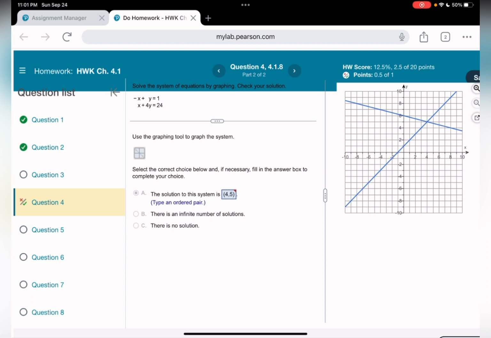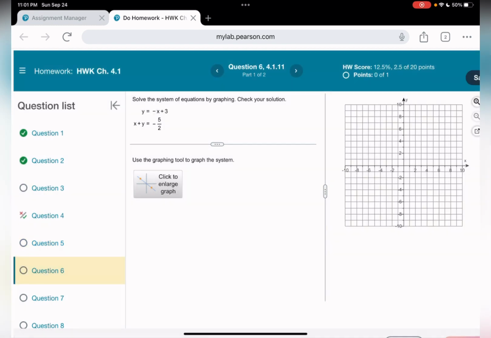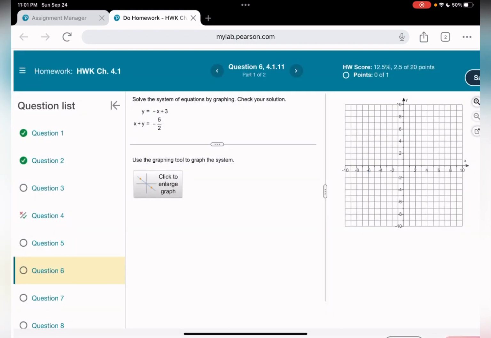Okay, third one, moving to 4111. Number 9 you can find in the previous recording. So 4111. Let me see what we have to do here.